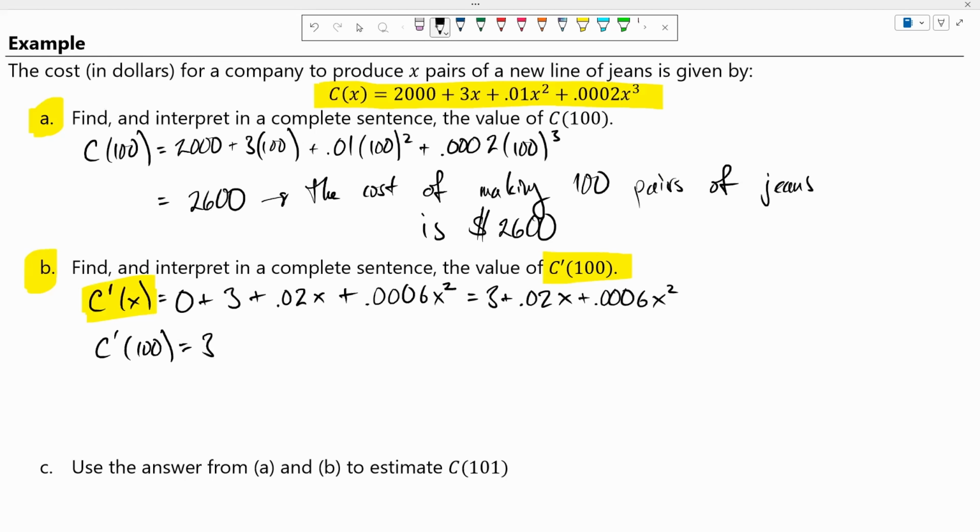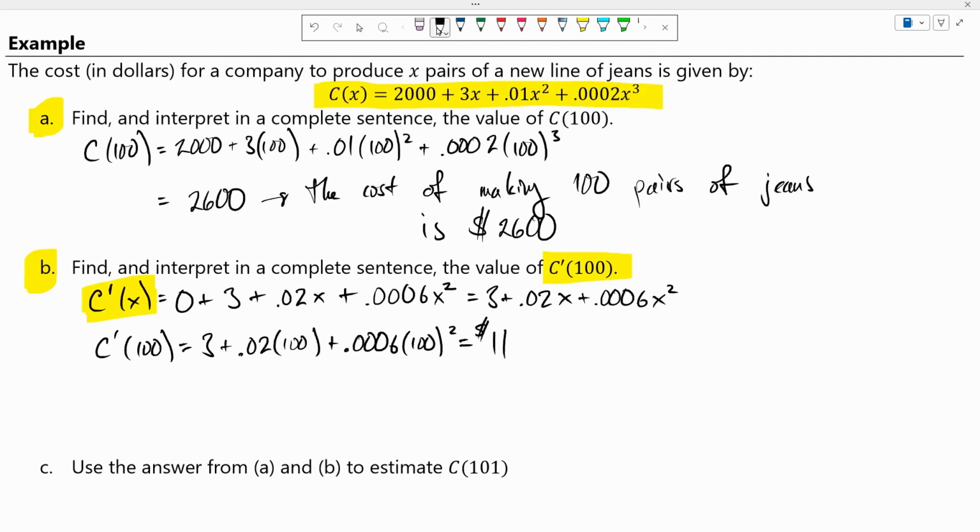Okay. 3 plus 0.02 times 100 plus 0.0006 times 100 squared. And if you do this outright, what you get is 11. Okay? Now, this is $11.